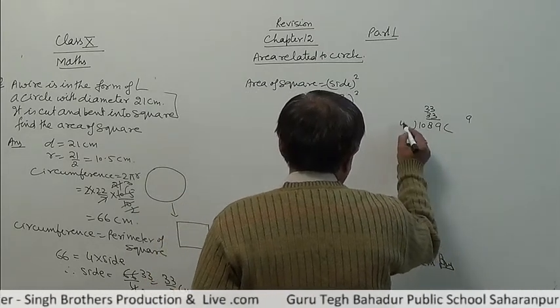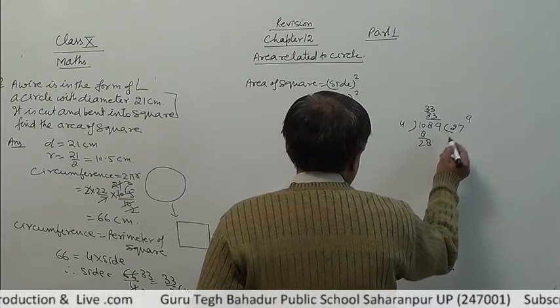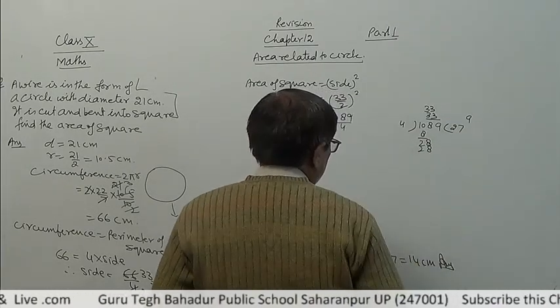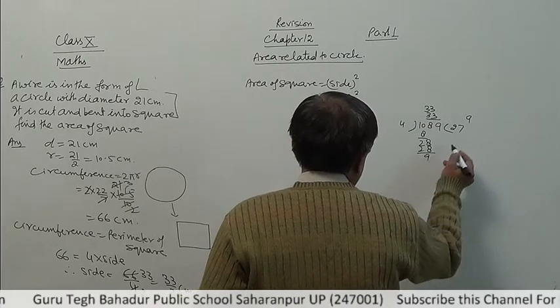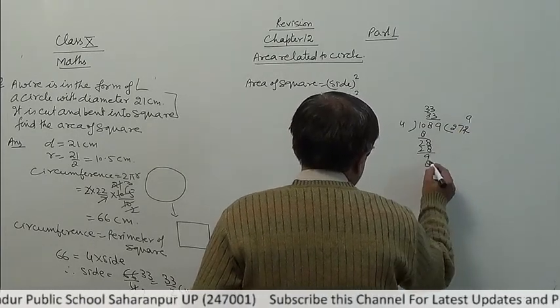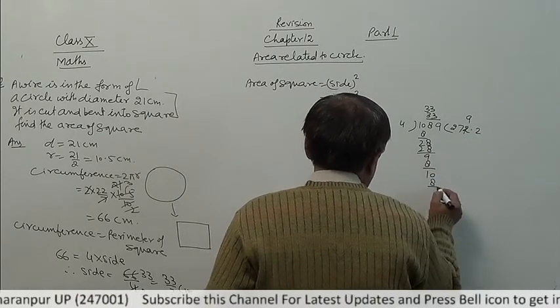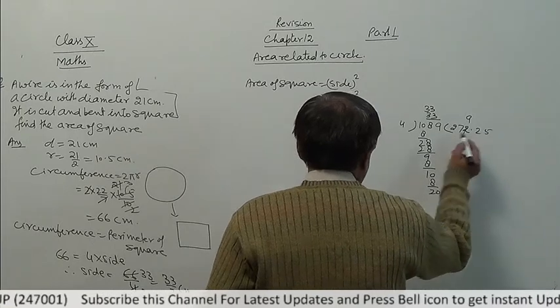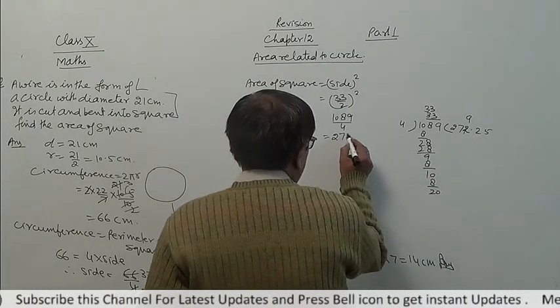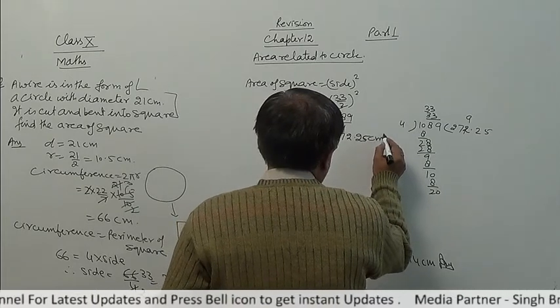Now dividing, we get 272.25 centimeter square.